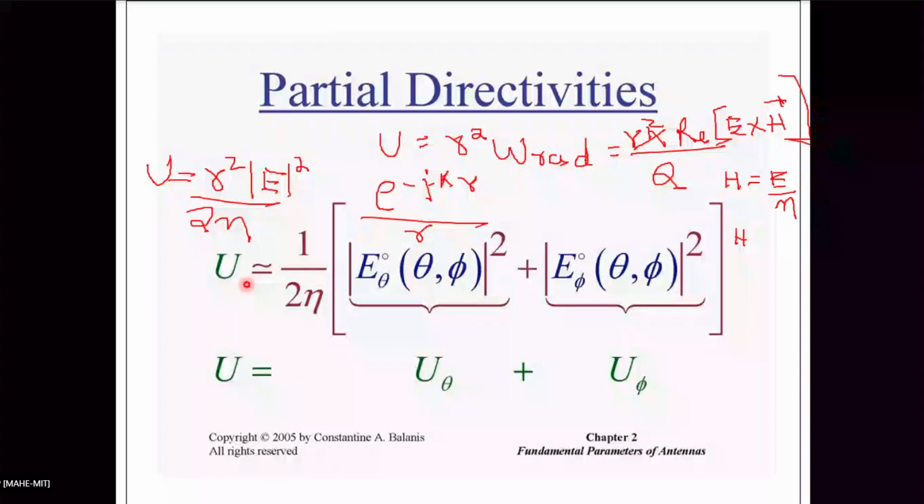E theta naught: the R dependence is removed, taken out. So that's why it is E theta naught of theta phi. Now what is E theta naught?